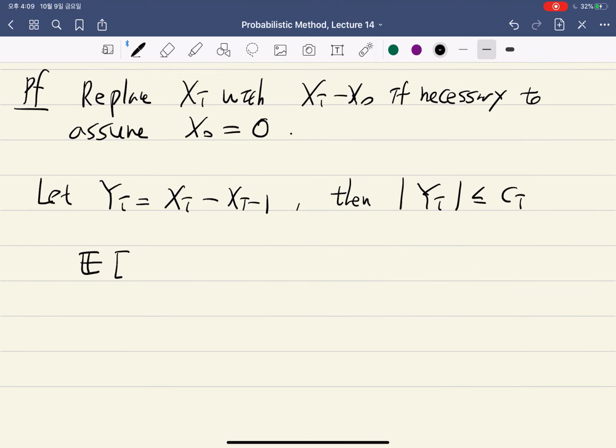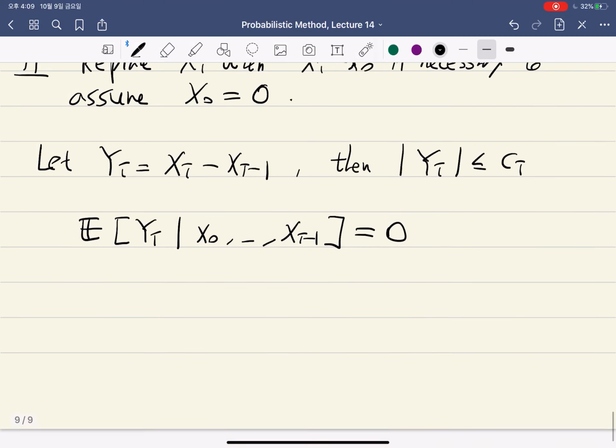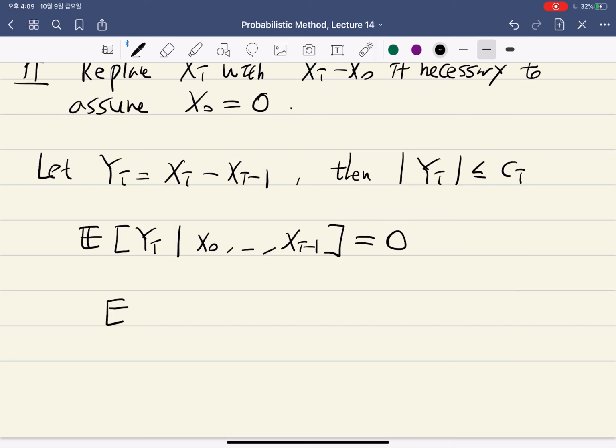And the expectation of yi, assuming x1 to xi minus 1, is 0. Because the xi are a martingale, the expected change is 0. And now what we want to do is analyze this.